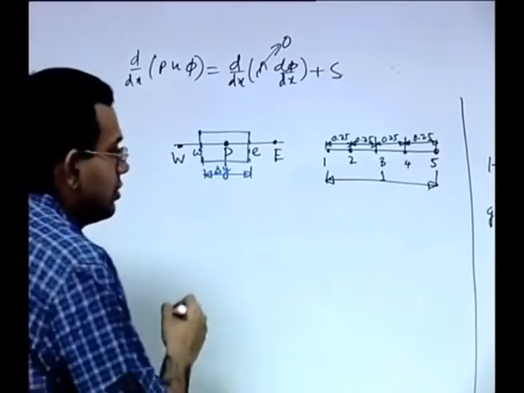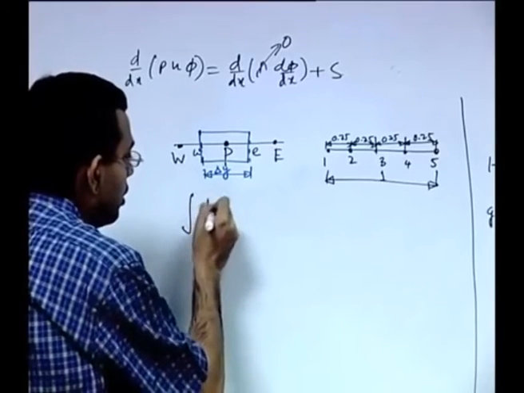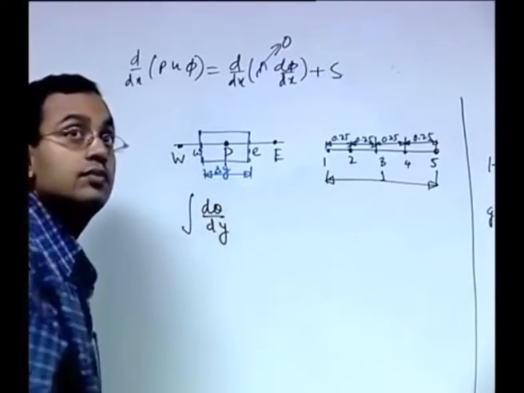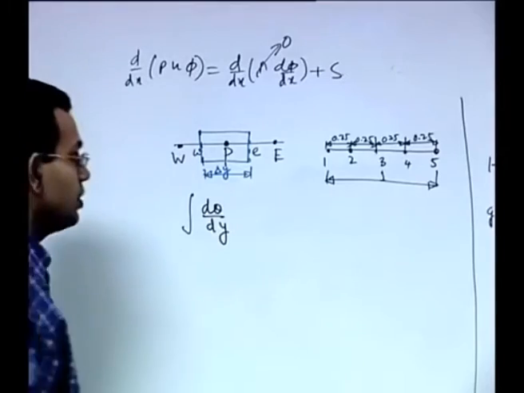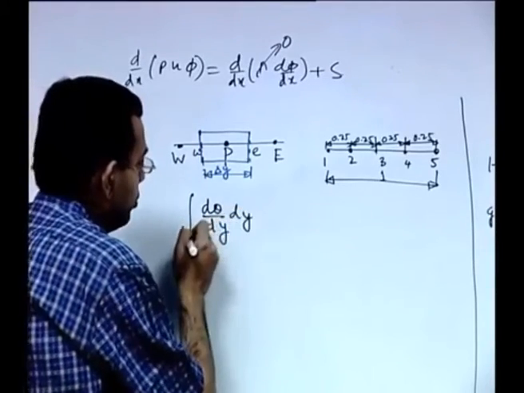So we integrate d theta dy with respect to y from small w to small e.